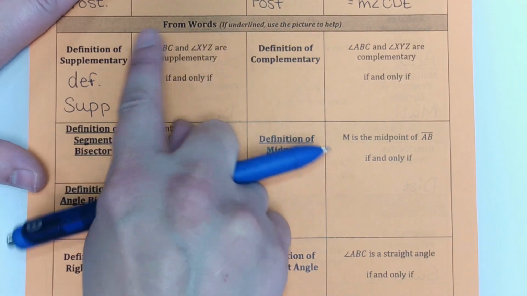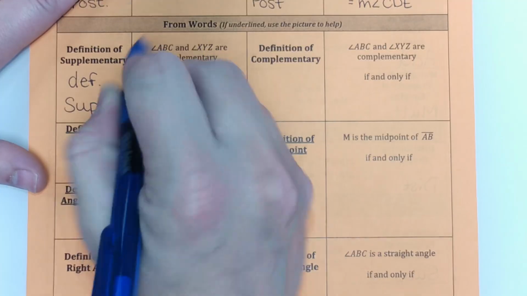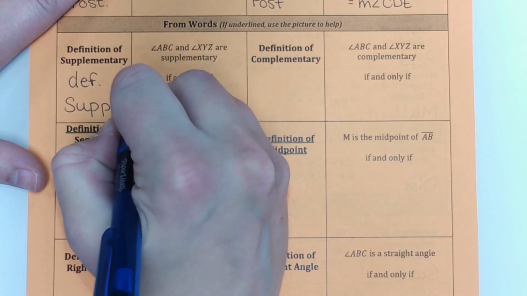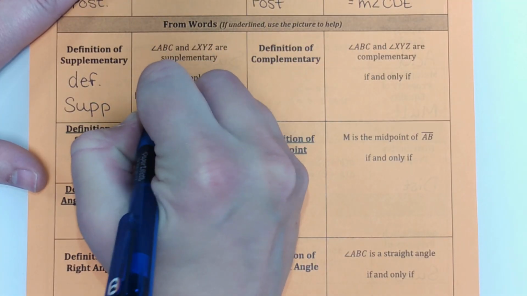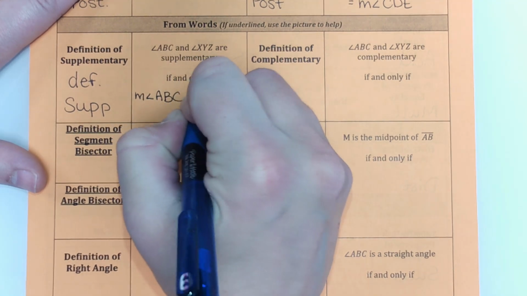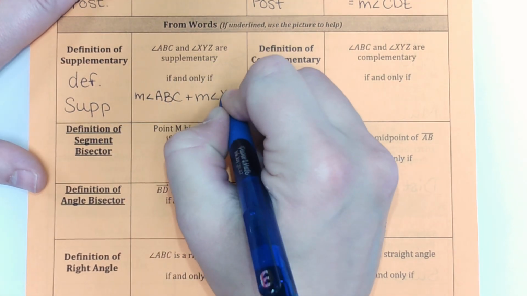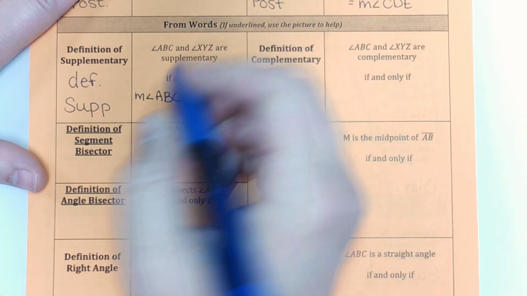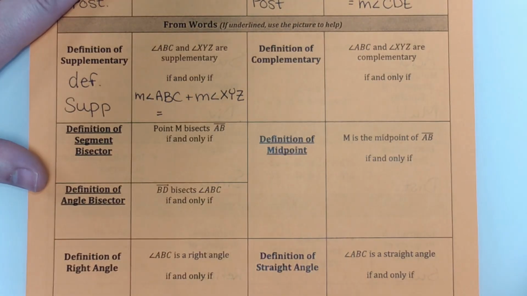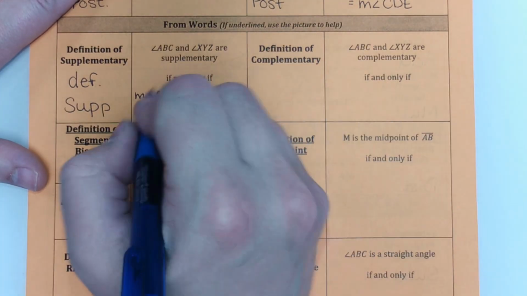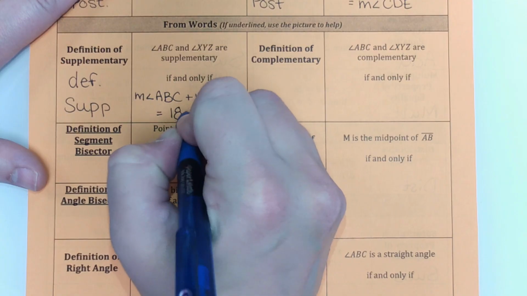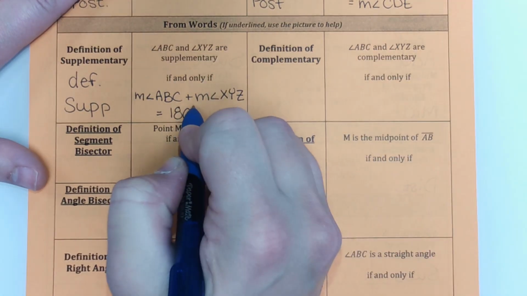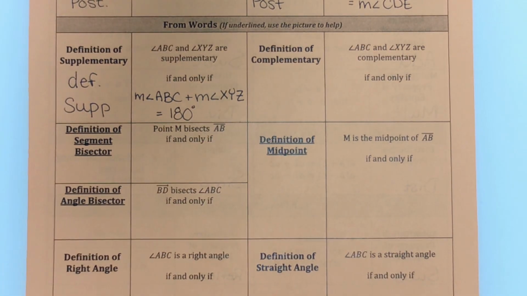If you come across that in a proof, we are able to write the following. That the measure of angle ABC plus the measure of angle XYZ, those things added together is equal to 180 degrees, because that's what supplementary means. It means two angles that add up to 180.